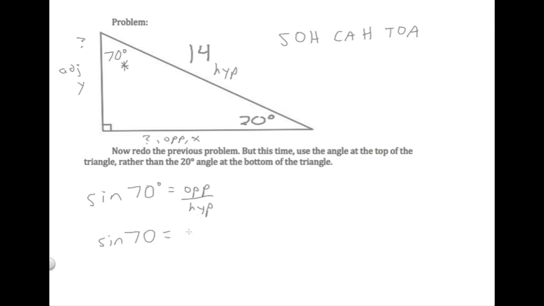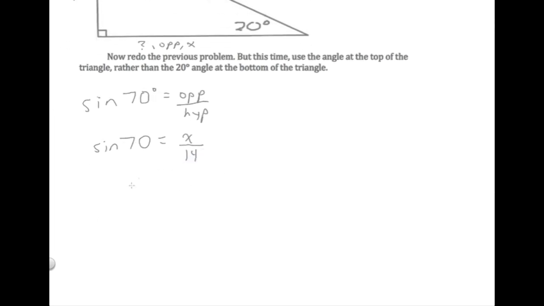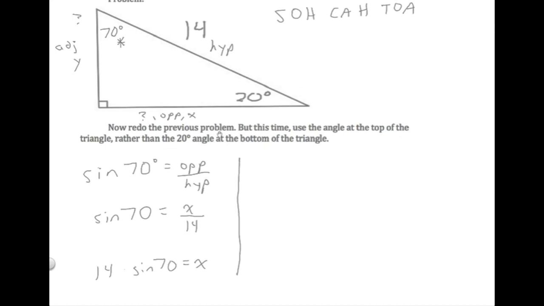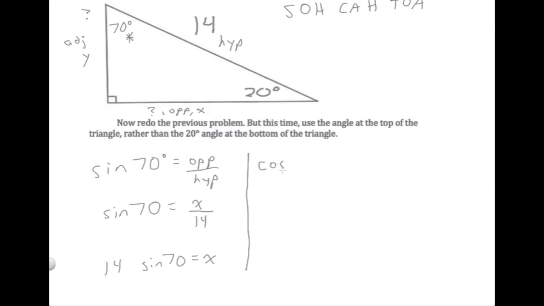So that would be here x over 14. So now we multiply both sides by 14 to get rid of this 14. And over here, we've got the cosine of 70. Well, that will be adjacent over hypotenuse.